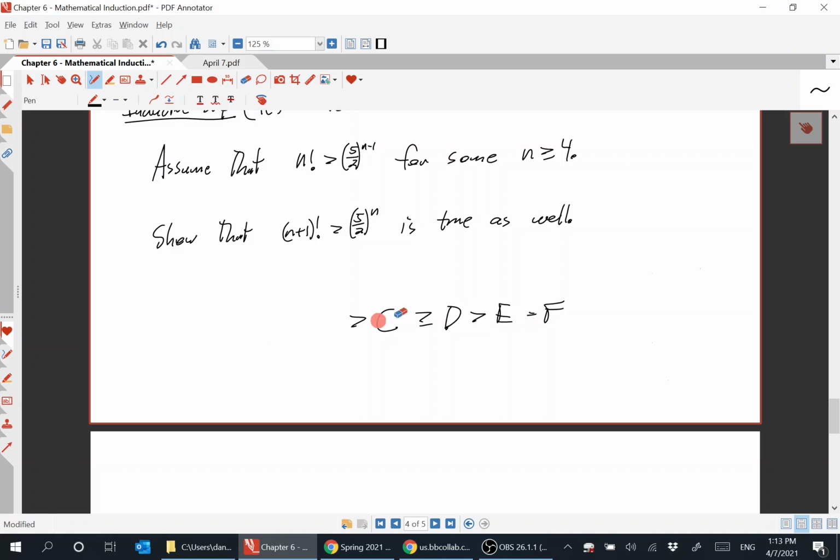Okay, so we're trying to show that n plus 1 factorial, like we were saying before, is equal to n plus 1 times n factorial. What do we know about n factorial?